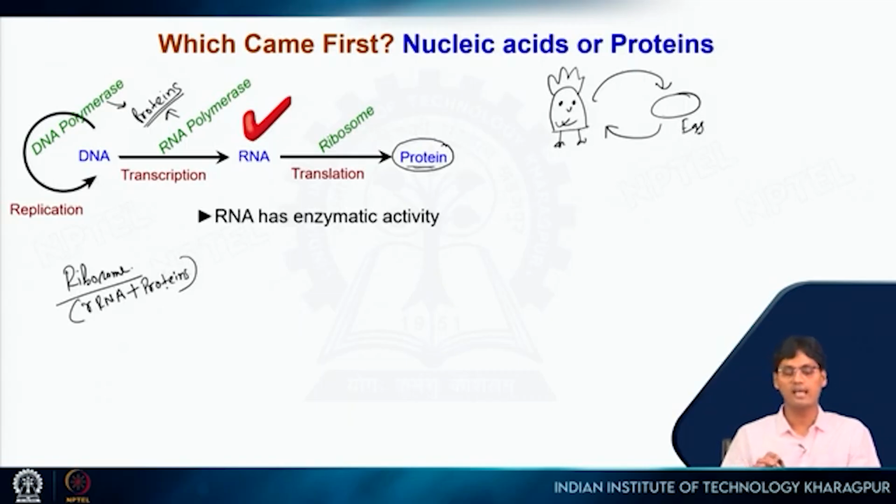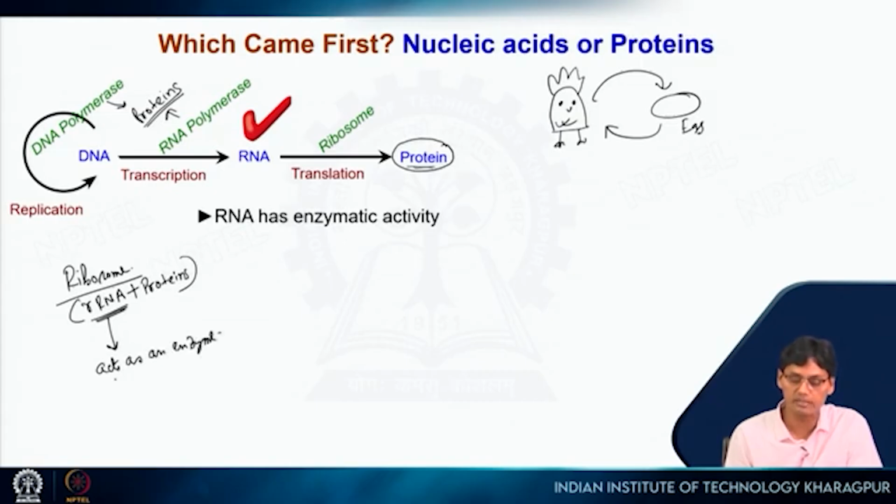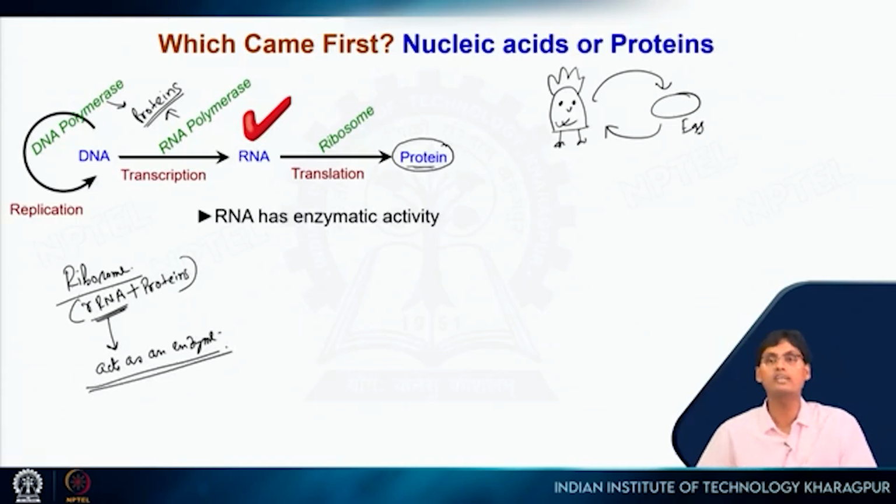And interestingly, they found that the catalysis, the protein synthesis, is performed by rRNA, not by protein. So rRNA actually acts as an enzyme. See, this is actually RNA acting as an enzyme.